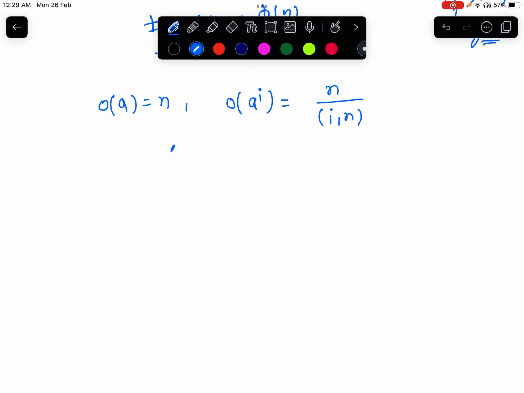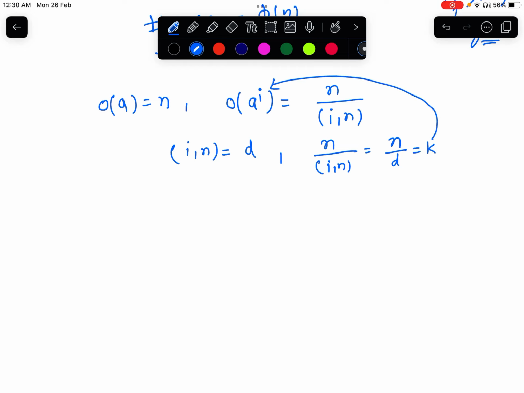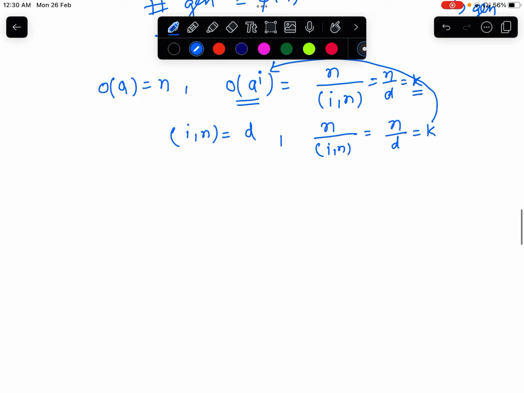Let us assume that GCD of I and n is equal to d, and n divided by GCD of I comma n, that is n divided by d, is equal to k. And we need to prove that this k is the order of a^I.